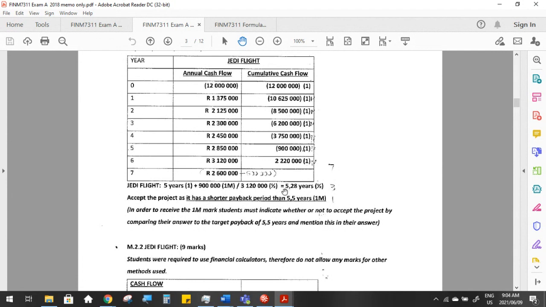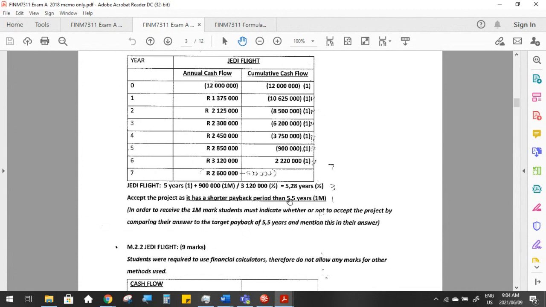And remember, they said calculate the payback. So that's part 1 of the answer. Then it said make a decision as to whether they should or shouldn't do it. So we're going to accept the project because the payback period is shorter than the target. In other words, the project is going to reach payback before we reach our target of 5.5 years.